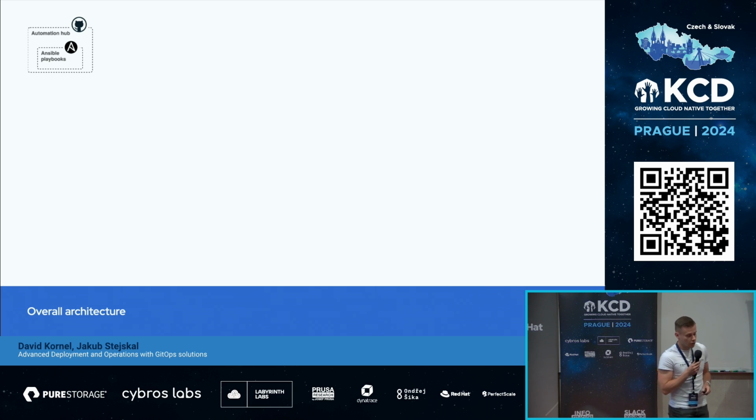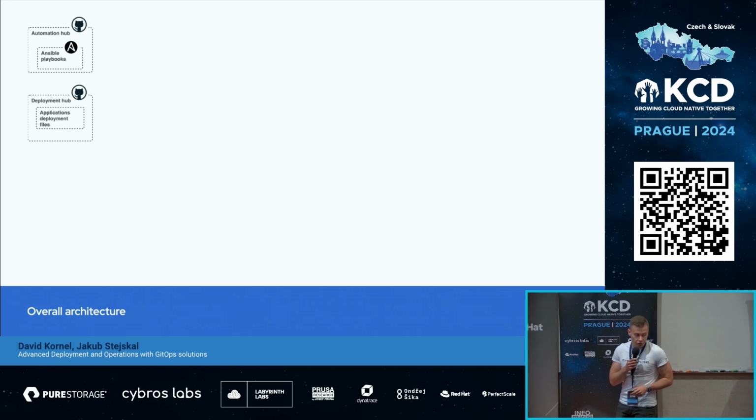There are stored all the Ansible playbooks and ArgoCD application manifests and other configuration and tweaks. And the Deployment Hub stores all the Kubernetes manifests of our applications, which we test and run on production and staging environment clusters.